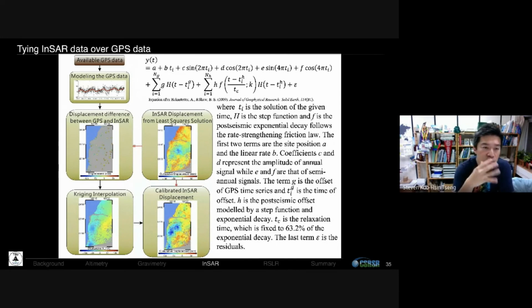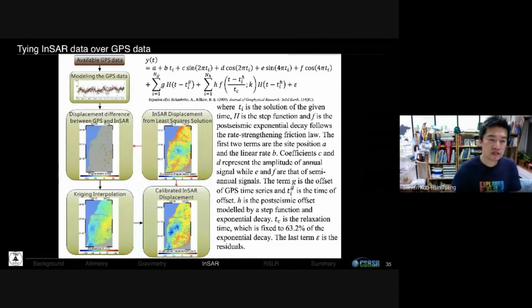So I don't know whether in your country you can grab some GPS stations that help you to make this kind of anchor point. But in Taiwan, at least, every few tens of kilometers, we have one station. So what we have done is that we make a difference in between, and we make an interpolation by using, for example, Kriging.